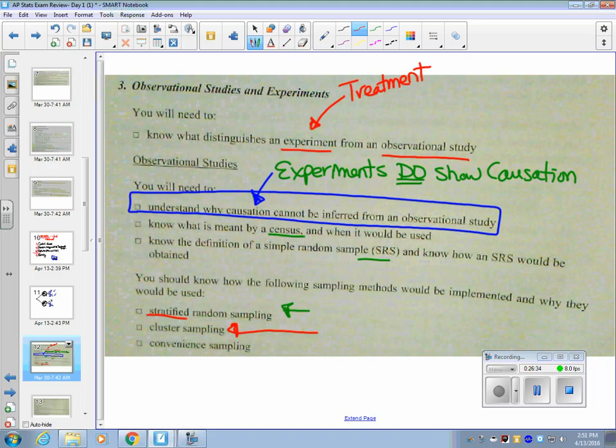An example might be if I want to make sure I ask high school kids in Prince William County, I could pick one high school and ask everybody in that high school because they would all be represented. So I'll say one thing, a high school, whatever, where all groups are represented.